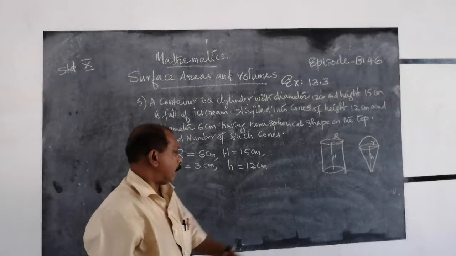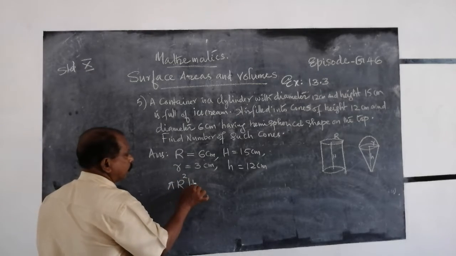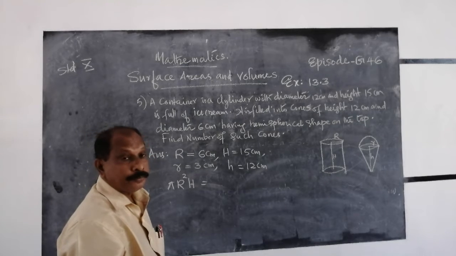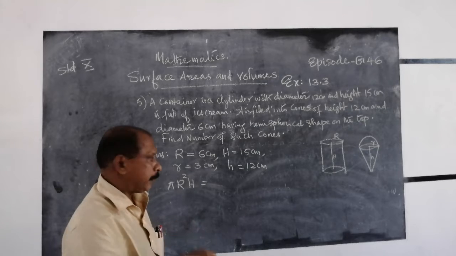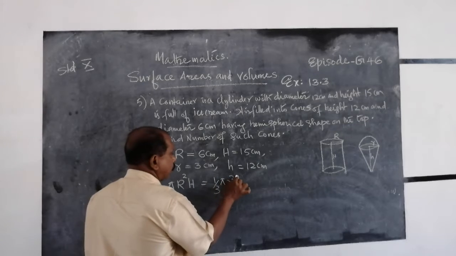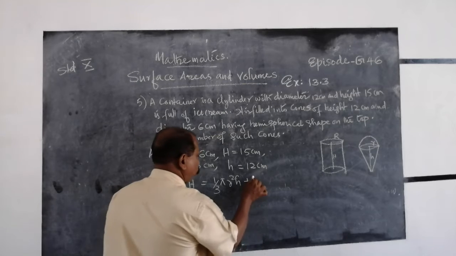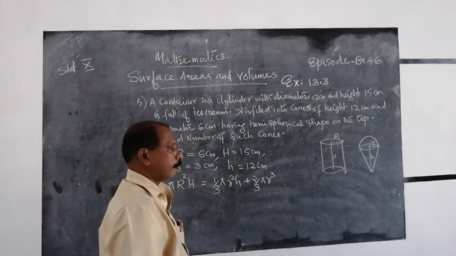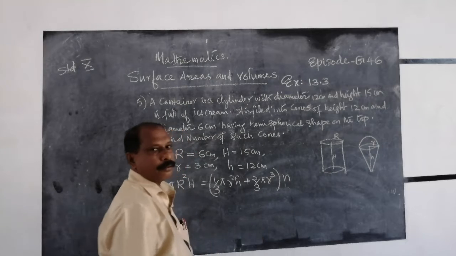Therefore, volume of cylinder, that is pi R square H, is equal to volume of the cone plus volume of hemisphere, that is 1 by 3 pi r square h plus volume of hemisphere 2 by 3 pi r cube, into number of cones. They are equal.